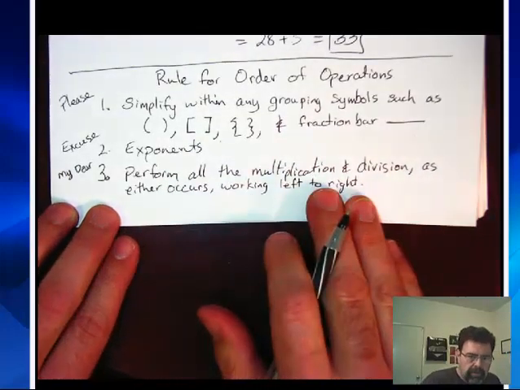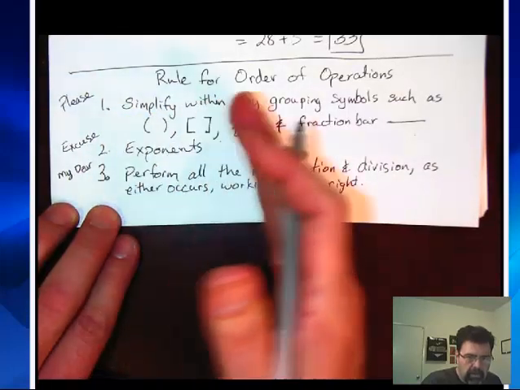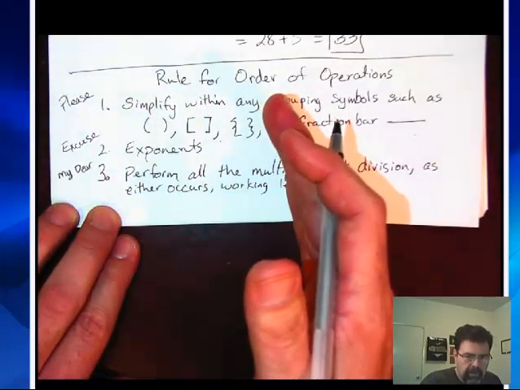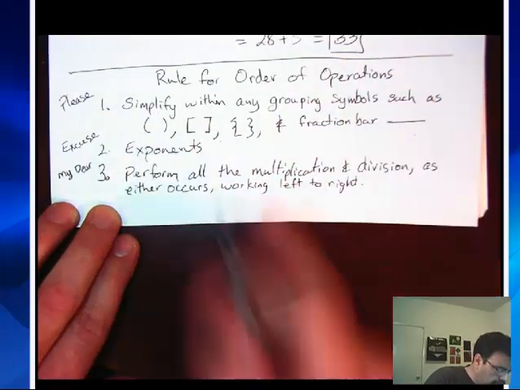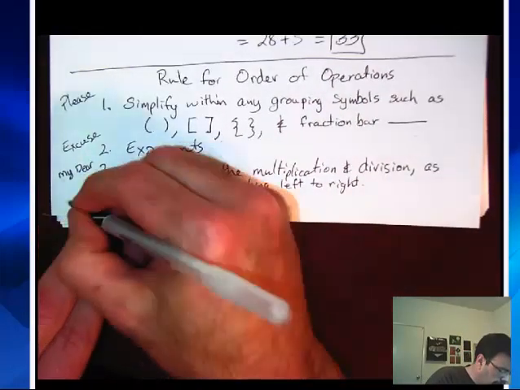So multiply or divide, and you just look at the problem going from left to right. If you see a multiply, do it. If you see a divide, do it. And you just keep continuing until you go all the way from left to right.